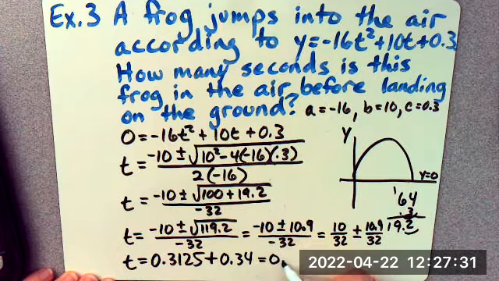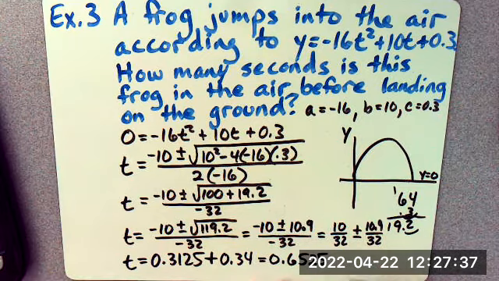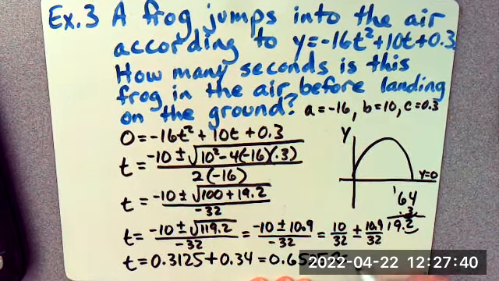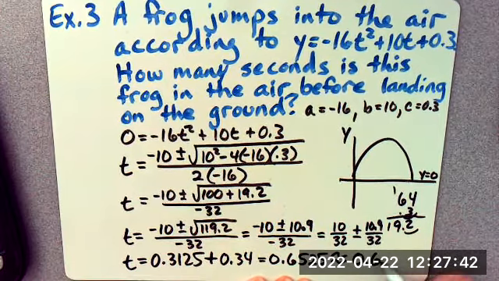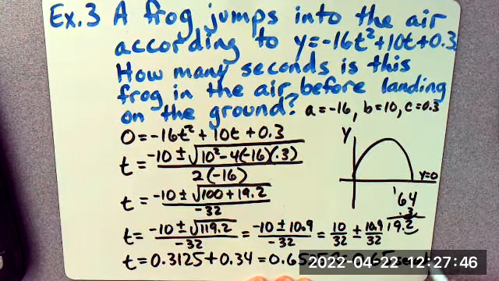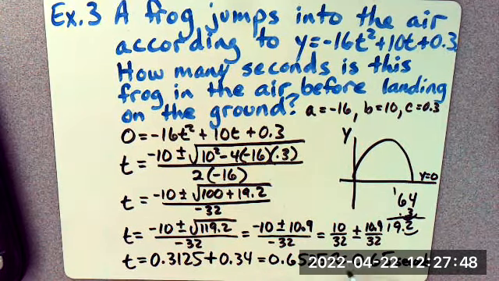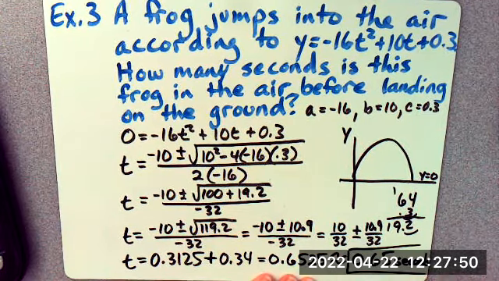So when we do that, we get 0.6525. So if we want to round that to the nearest hundredth, that's 0.65 seconds. Okay, so that's how long the frog was in the air.